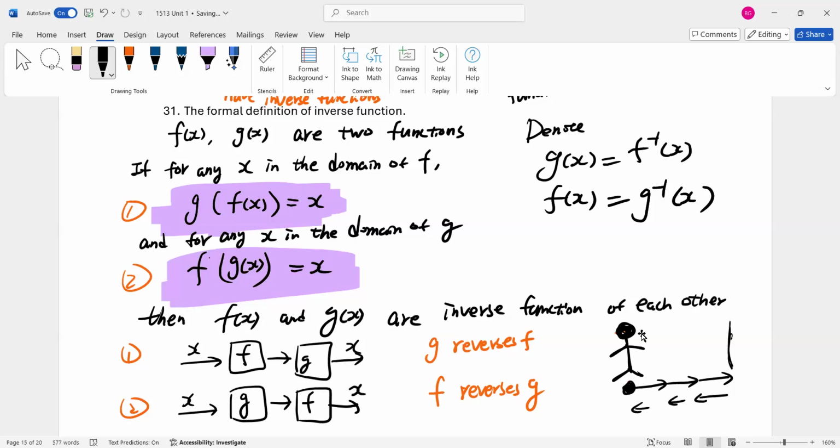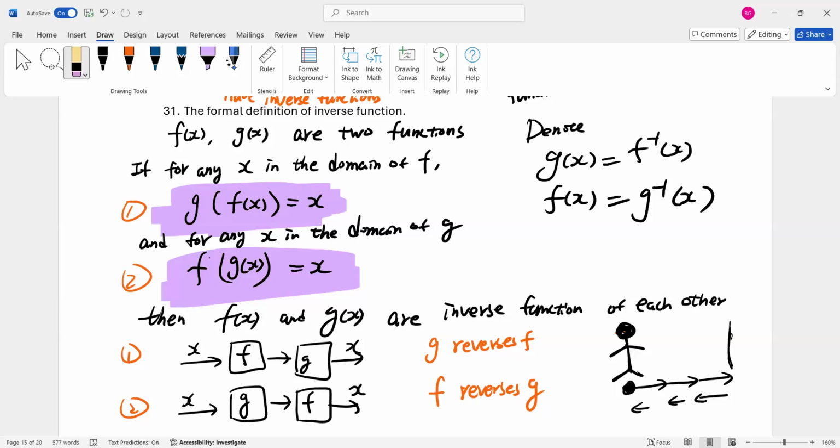So in this example, walking to the left 3 steps reverses walking to the right 3 steps. And vice versa, you can see it easily. Walking to the right 3 steps also reverses walking to the left 3 steps. So those two processes reverse each other. So they are inverse of each other.